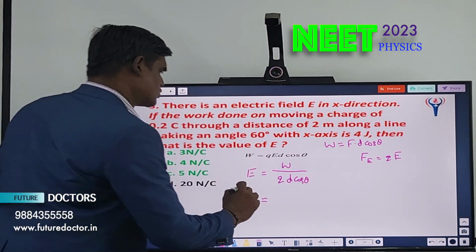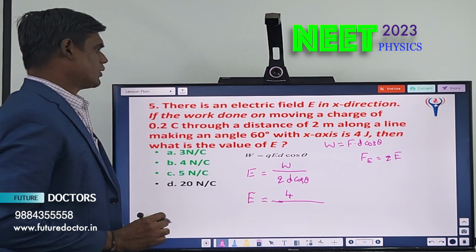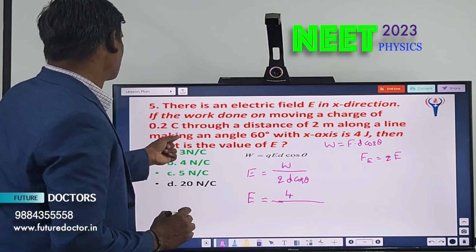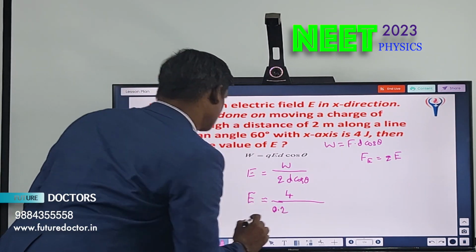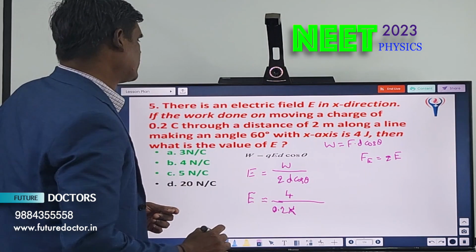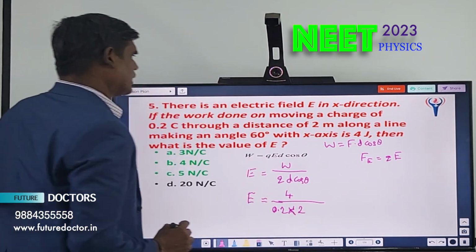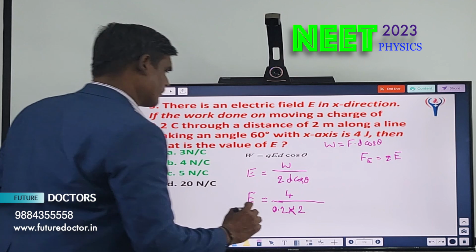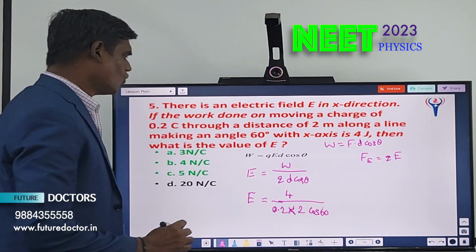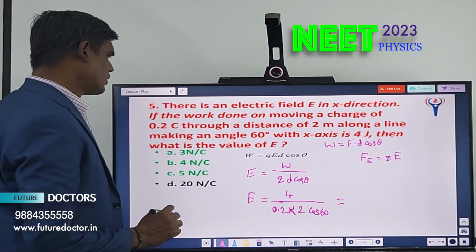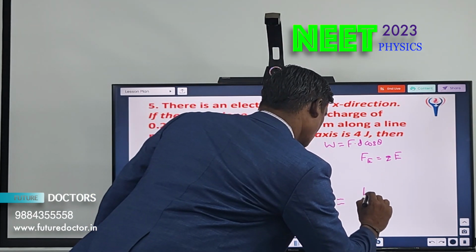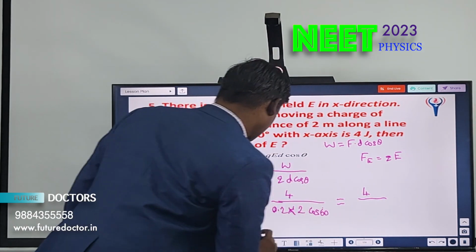Substitute this. E equal to W. What's the value of W? 4 joule. 4 divided by Q. What's the value of Q? Q is given 0.2. 0.2 into D. Value of D is 2 meter. 2 into cos 60 degree. Cos 60 is 1 by 2. Everything is in SI unit only, no? Yes. Then 4 divided by, and we can cancel this.